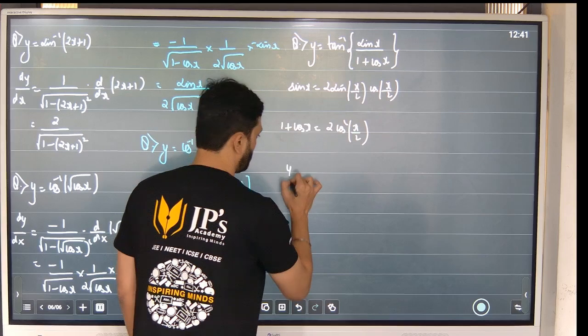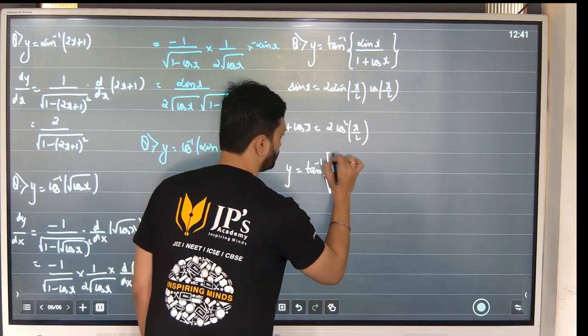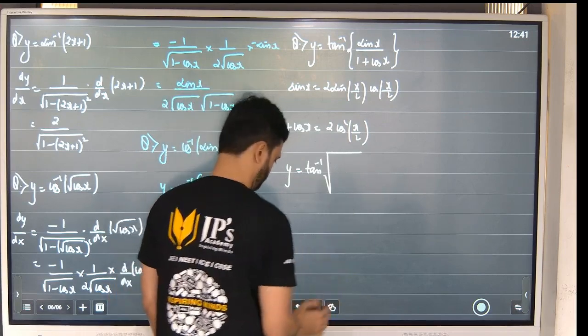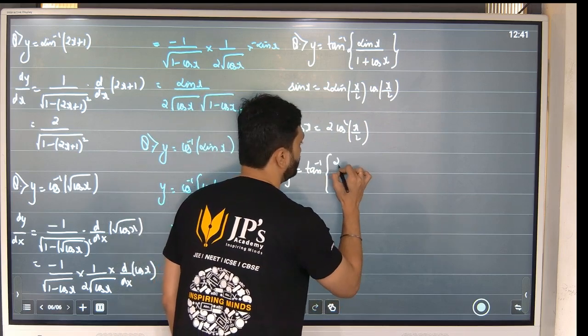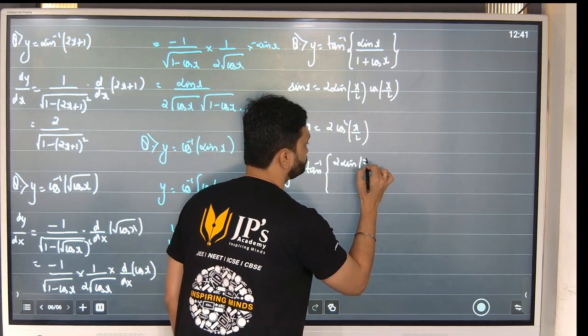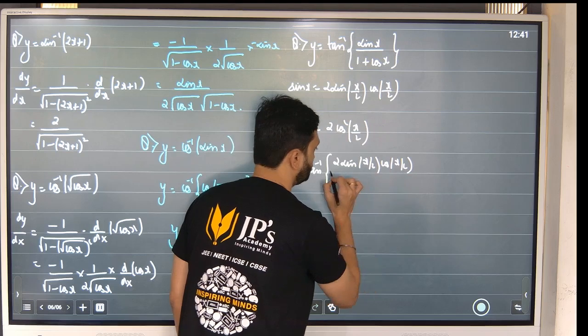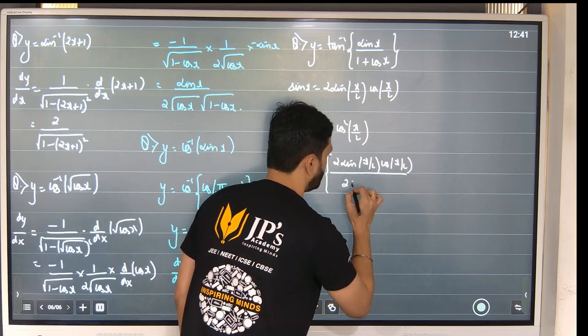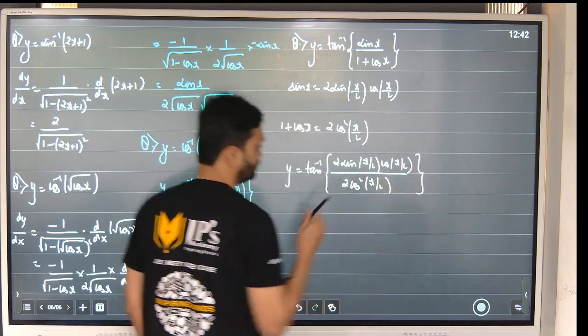So y is equal to tan inverse of 2 sin x by 2 cos x by 2 upon 2 cos square x by 2.